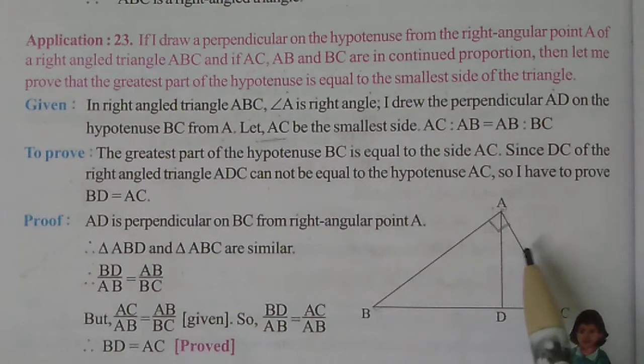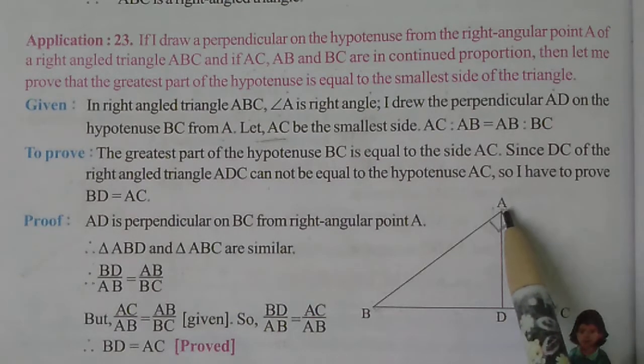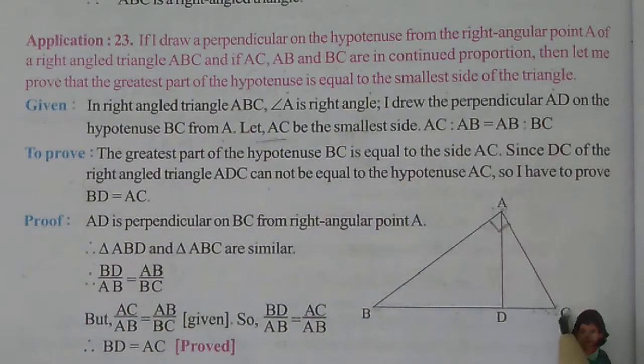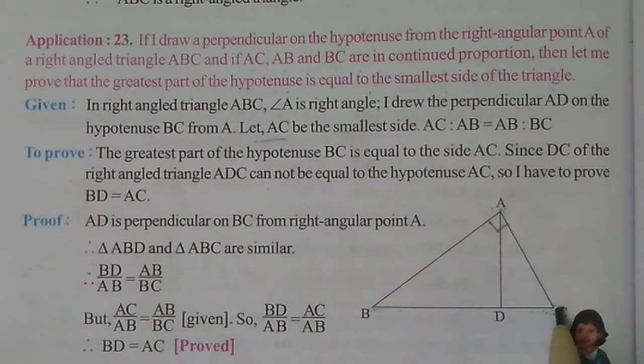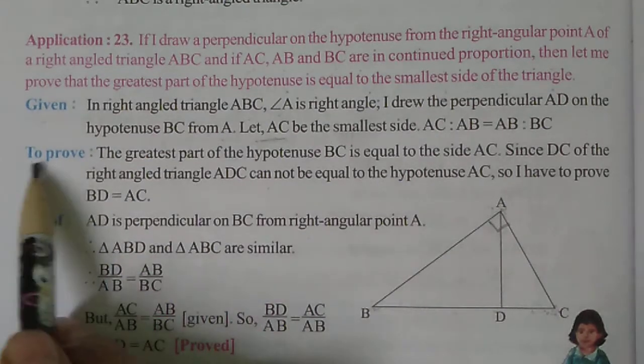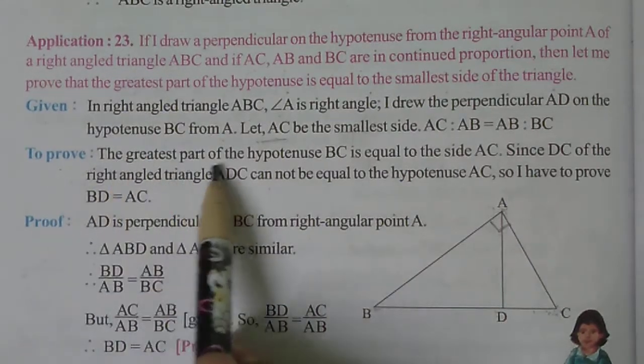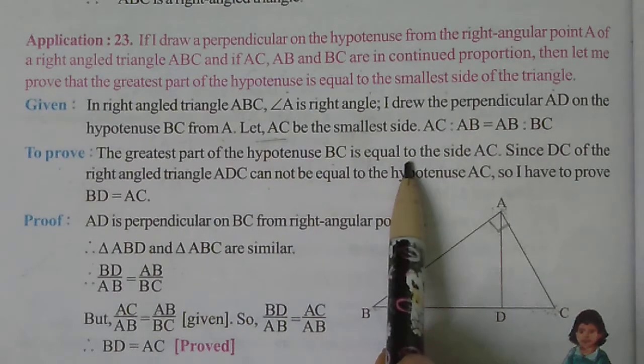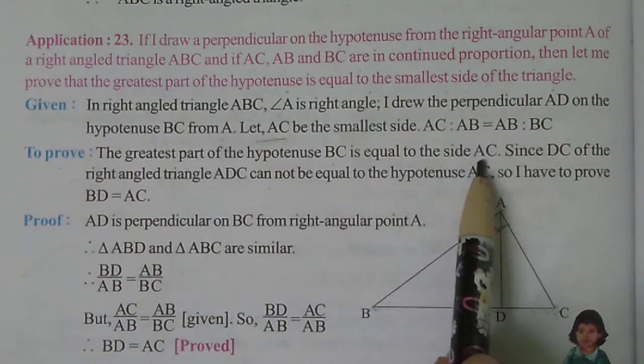So we have to prove the smallest side of the right angle triangle, AC, is equal to the greatest part of the hypotenuse, BD or DC. So we have to prove the greatest part of hypotenuse BC is equal to the side AC.